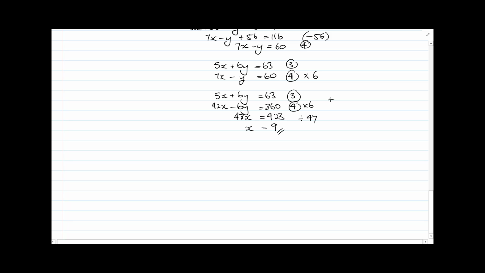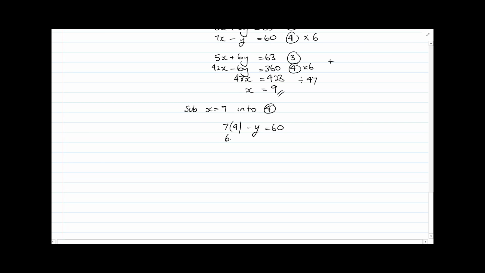Now that I know my x value is 9, I'm going to substitute x equals 9 into equation number 4, and that gives me 7 times 9 minus y is equal to 60. So 63 minus y equals 60. Therefore, negative y is equal to negative 3, subtracting 63 from both sides. And I divide by negative 1, and I get y is equal to 3. So x equals 9 and y equals 3.